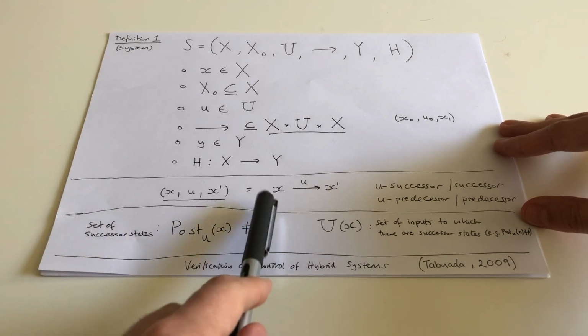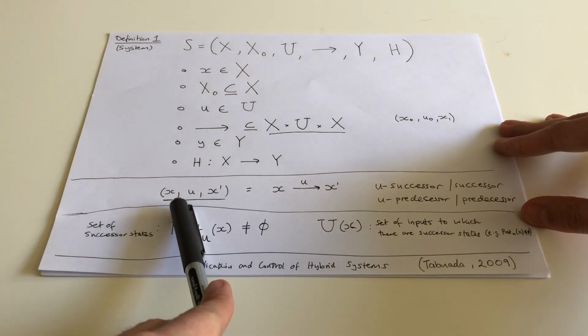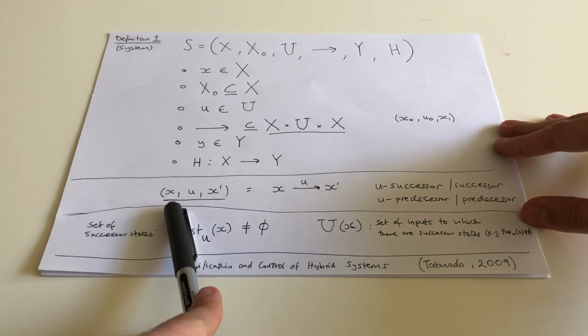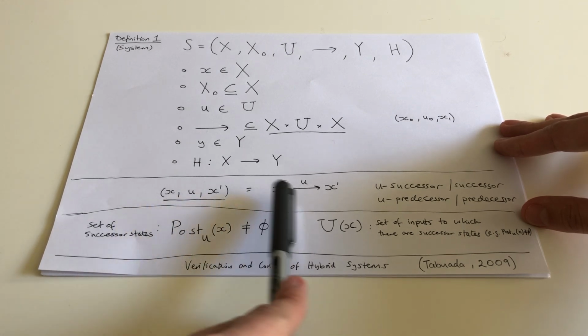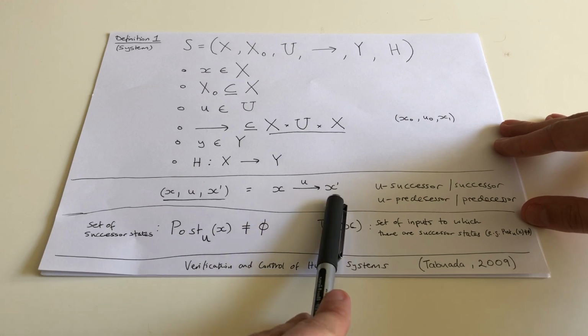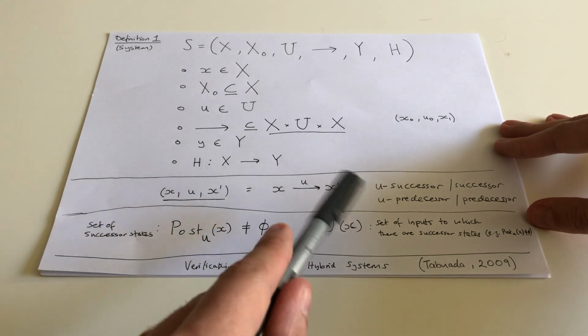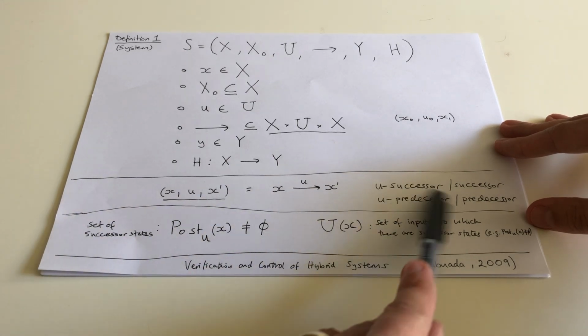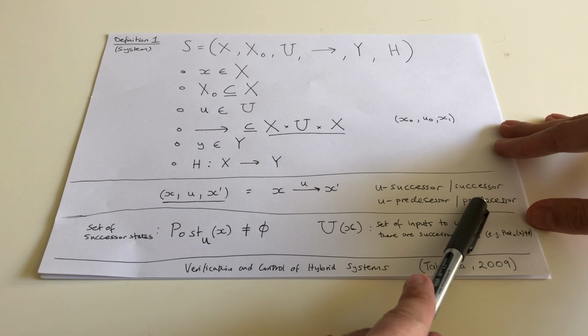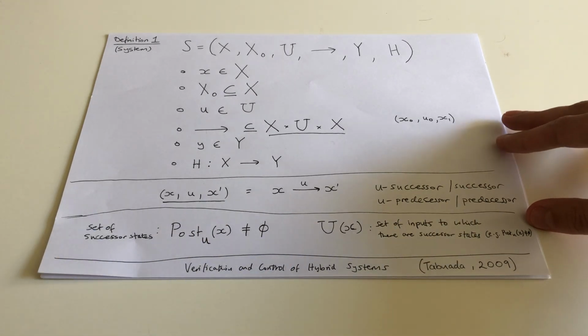So here we have an element of the transition relation where we have x transitioning under the input u to some successor state x dash, and we said that this could be called a u successor, or just a successor more simply.